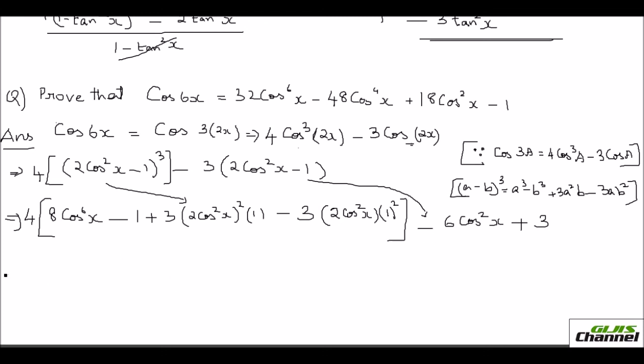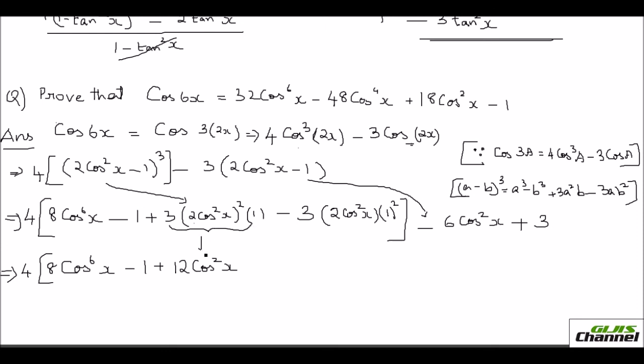So next, what are we going to do? Just put all that together. So let the 4 still be outside. So that's 8 cos raised to 6x minus 1. Here this would be plus. Here 2 square is 4, 4 times 3 is 12, 12 cos square x. I have put the whole thing as 1.